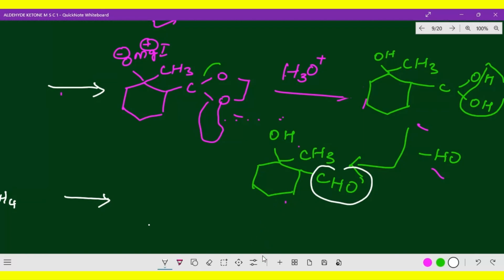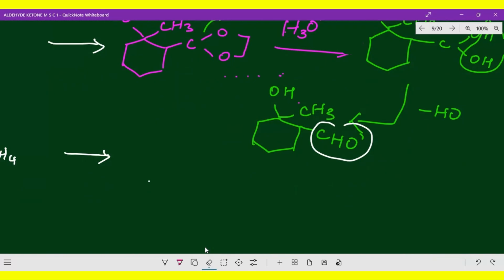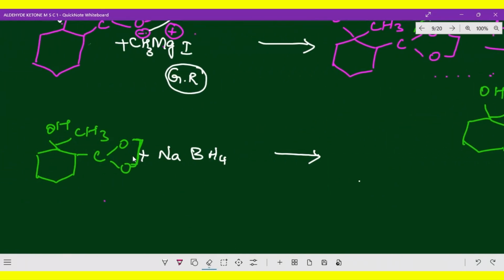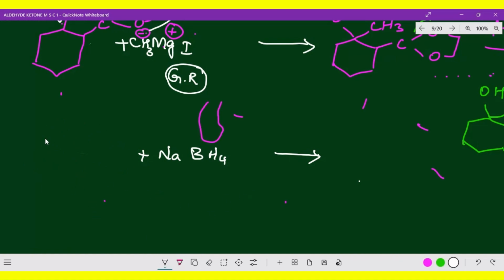So aldehyde formation comes, now the last one, what do we observe? The last one, which is having sodium borohydride. How do we identify sodium borohydride? Here we just draw the structure over here. So sodium borohydride converts aldehydes into alcohol. Conversion of aldehyde into alcohol. Now the same thing here, aldehyde. Now here OH, here CH3, and here CHO.